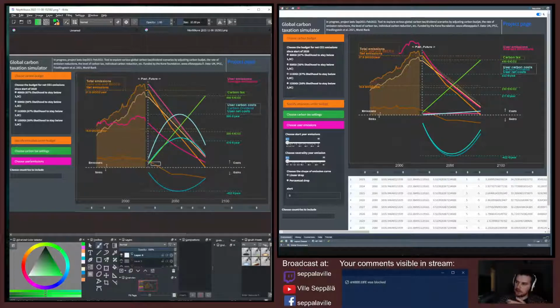So if you change the carbon tax value, that line basically is the same, but we would draw another line here, and this would be the old line now. So if we had 400 euros before and we go to 600, this would be the 400 value now, so it would change the scale.